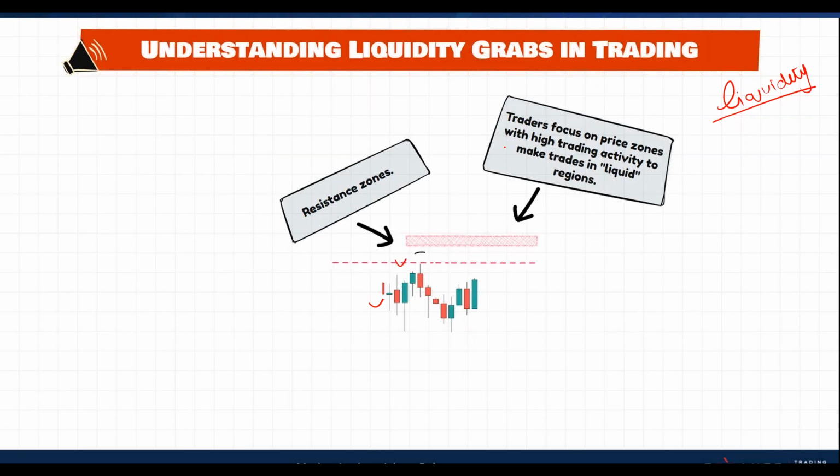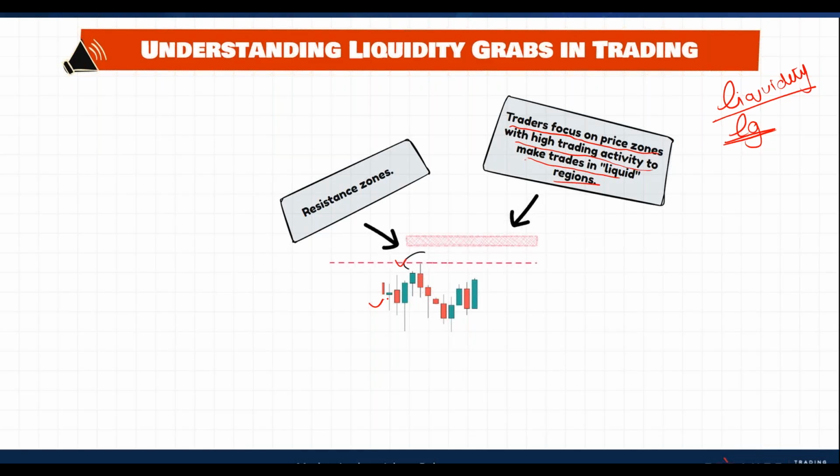Let's see what is the next thing that traders and this smart money, or these huge banks, or this liquid guy, let's call him the liquid guy, LG, for easy reference, will do. Traders focus on price zones with high trading activity, to make trades in liquid regions.